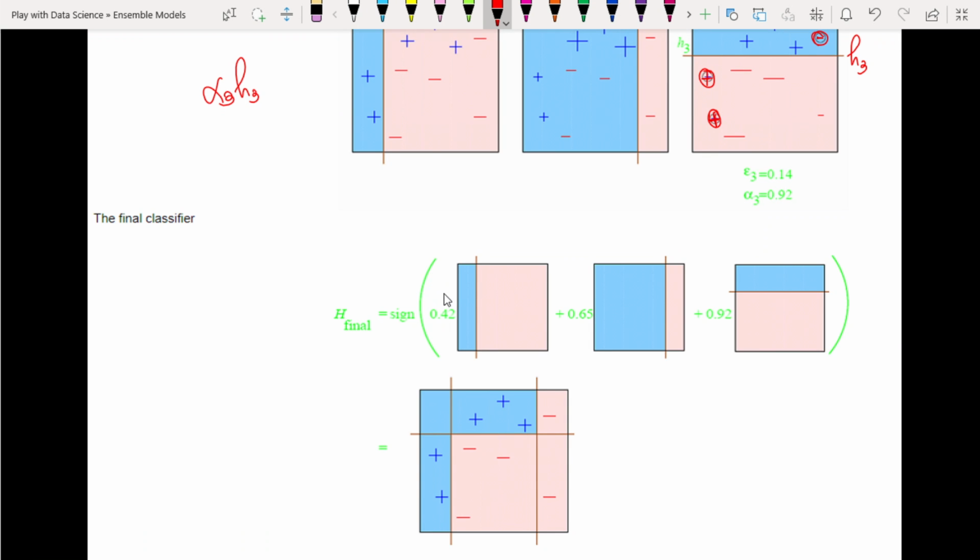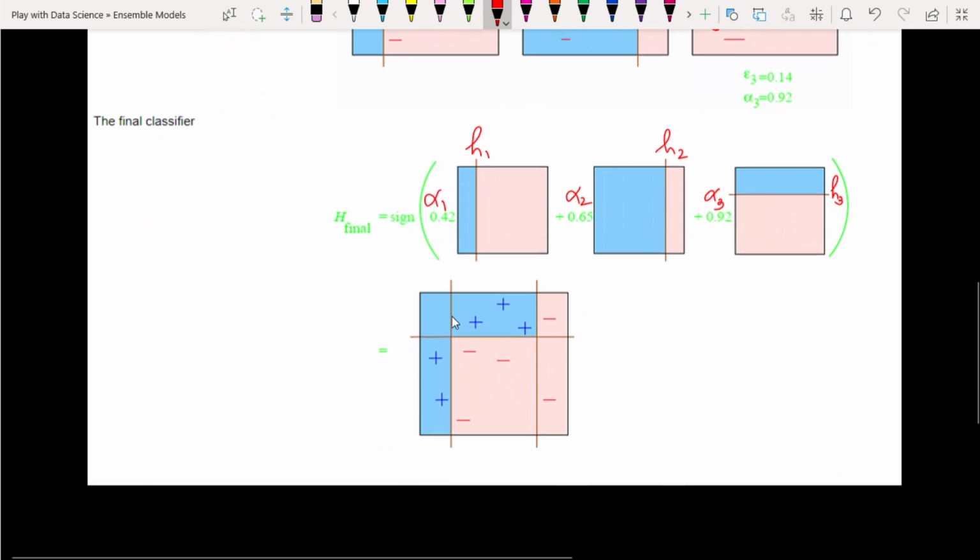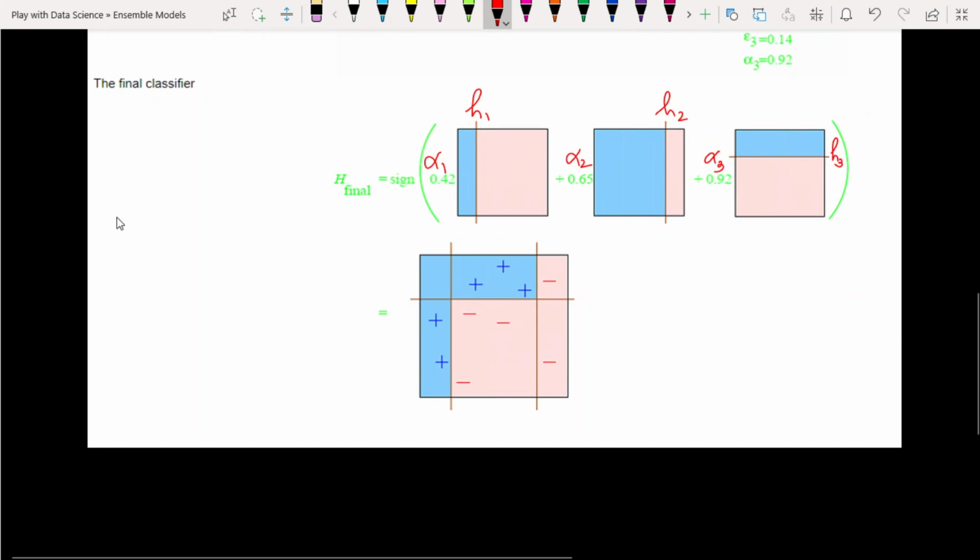This means alpha 1, alpha 2, alpha 3, and this is H1, H2, and H3. By additively combining these things we build our final model.